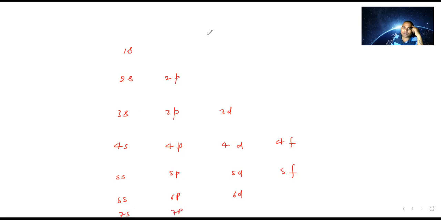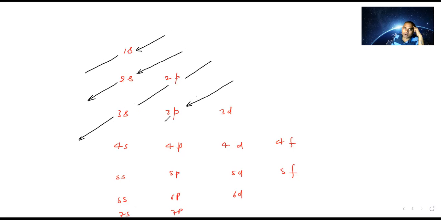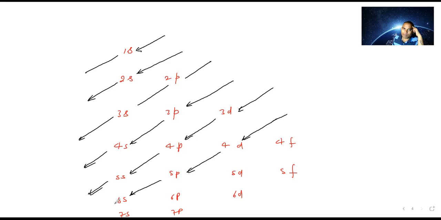The first electron enters the 1s orbital, then 2s, then 2p and 3s. You need to go straight; if you do not, it will be wrong. Whatever goes diagonally, you need to match it. These are the orders of filling of orbitals given by the Aufbau rule.